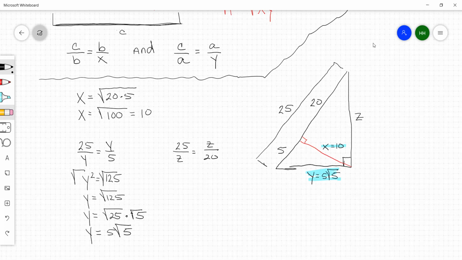So we got z times z is z squared equals 25 times 20. Guessing 500. 500. Z squared equals 500. If we radical each side of this equation, then our z is going to be equal to the square root of 500. That's going to be the square root of 100 times the square root of 5. And z is going to be equal to 10 times the square root of 5.